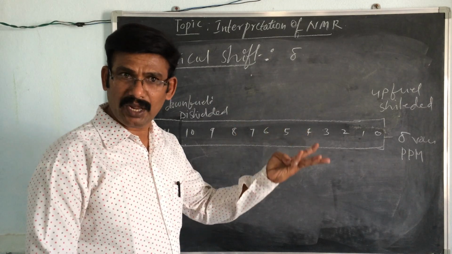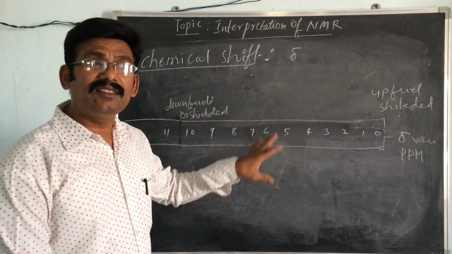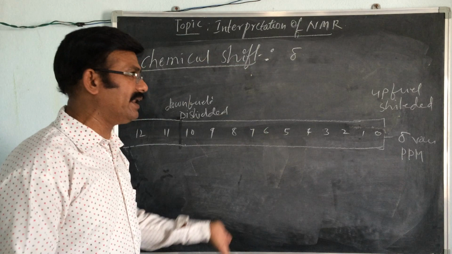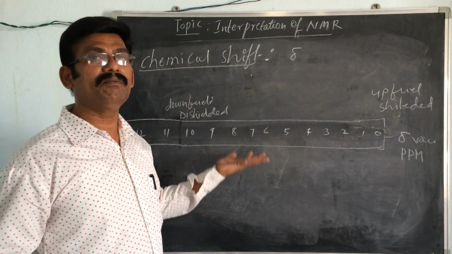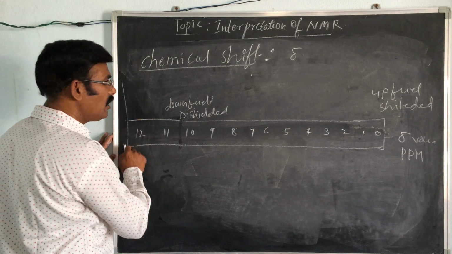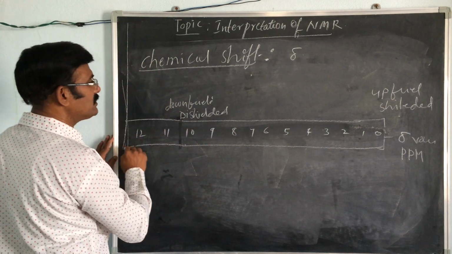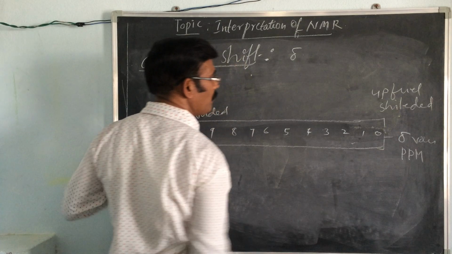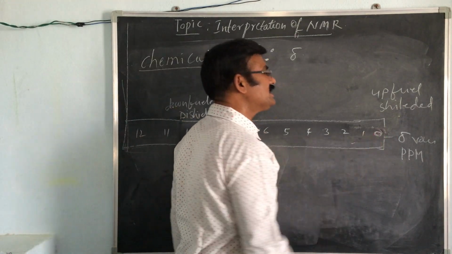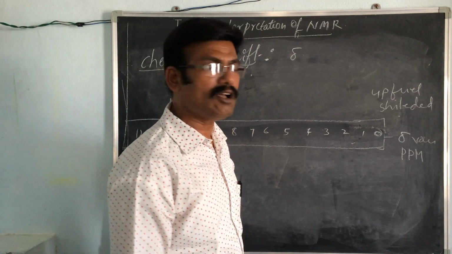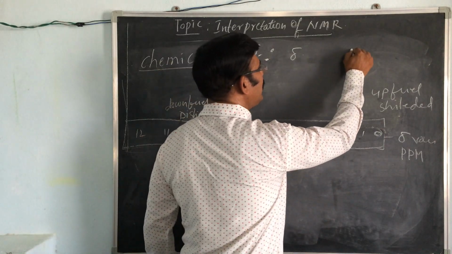We know the nature of environment and multiplicity. And where do the peaks appear? What type of compounds appear at which position in the graph? So the graph is like this, and this is the position. Here at 0, the reference compound is there. What is the reference compound?